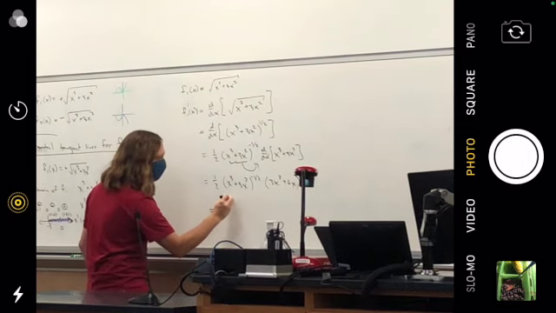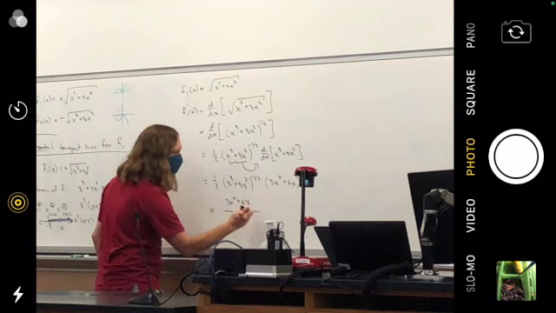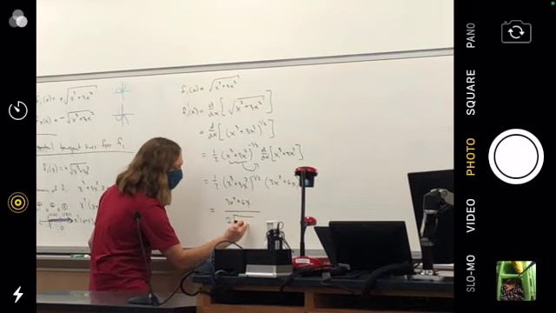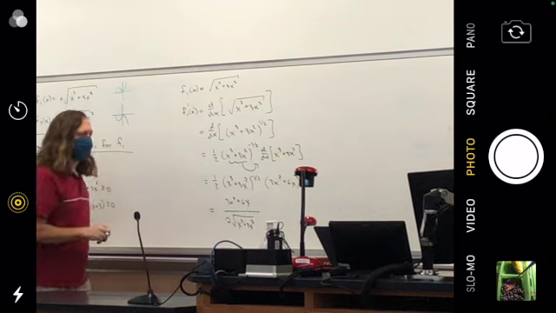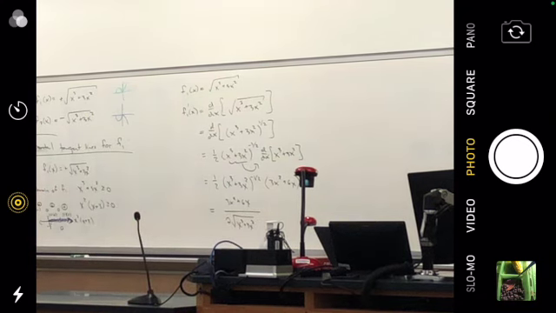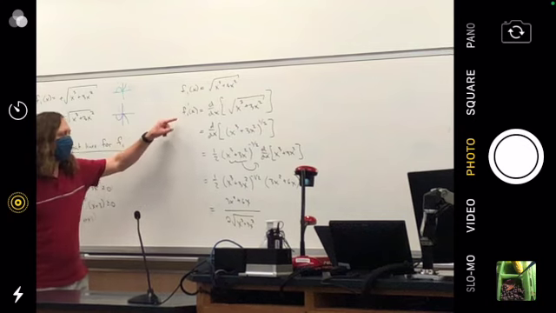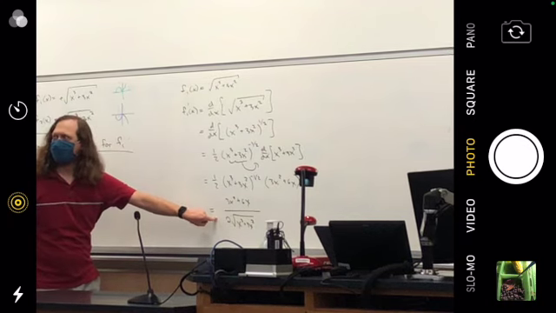So I get 3x squared plus 6x in the top, divided by 2 times the square root of this. I move the negative exponent down to make it a little easier to read. So f1 prime, I use the chain rule, I can get this.